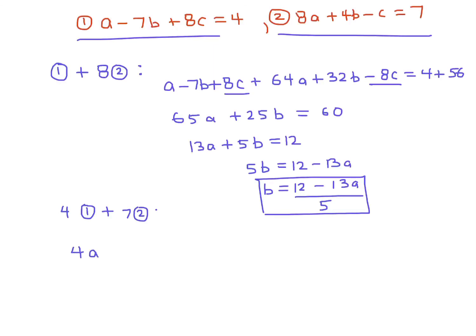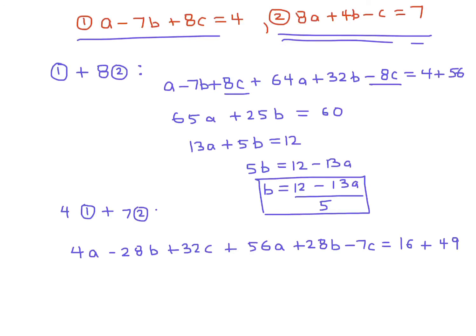So we got 4a minus 28b plus 32c, and then over on the other side, in terms of the other equation, we'll have 56a plus 28b minus 7c, and then the right sides become 16 plus 49. Okay, so indeed the b's go, so we are left with 60a plus 25c is equal to 65.